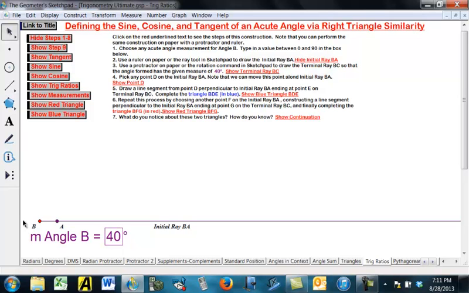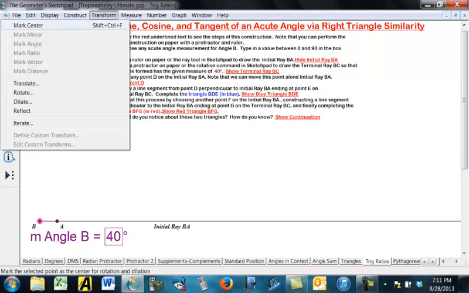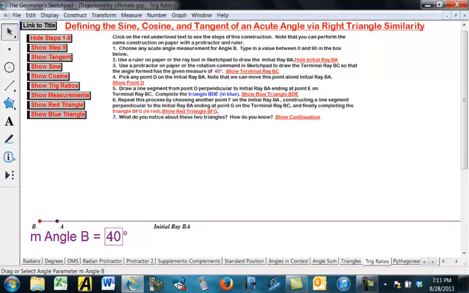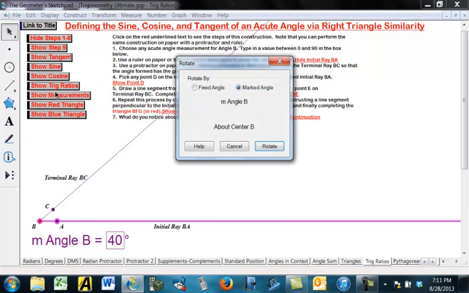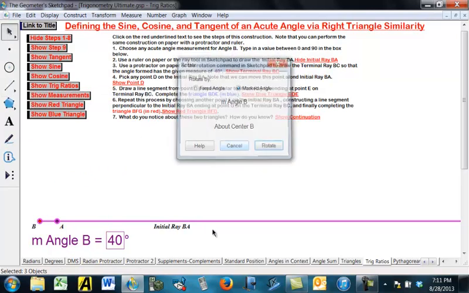degrees. Now the way to do this in Geometry Sketchpad, let me show you, is you would mark B and say mark that, go to transform, mark that as the center, and then click on this angle, say transform, mark that angle, and then click on this here and say transform, rotate, and that'll rotate and give you that angle.